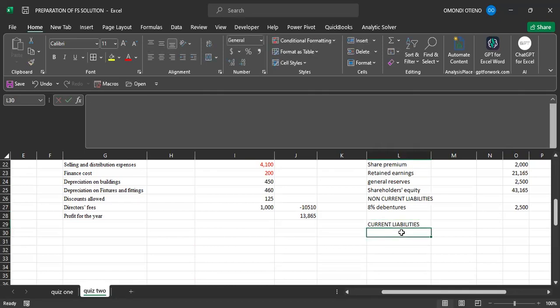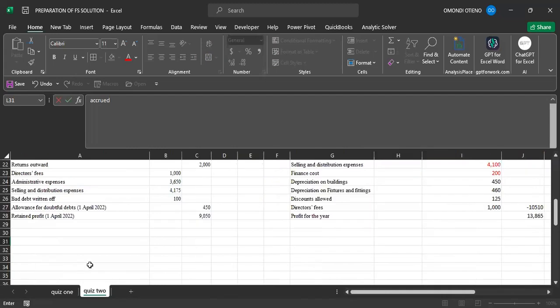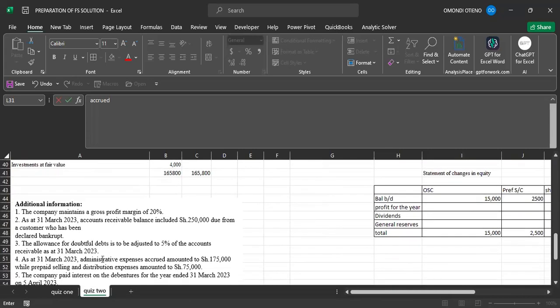So current liabilities, we have trade payables, right? So from trade payables, we have accrued, was it selling and distribution? Accrued admin expenses. They are now liabilities.